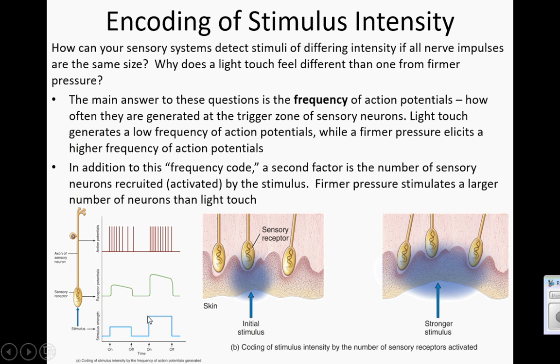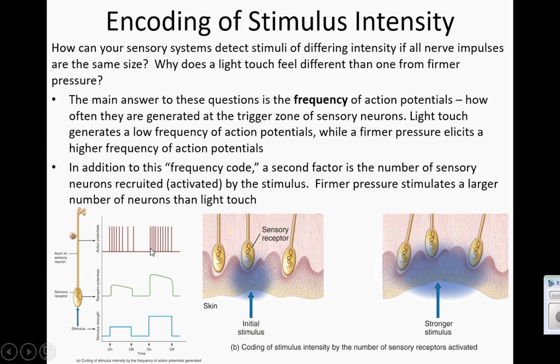Versus our strong stimulus here on the right, which creates a much stronger receptor potential, ultimately causing a lot more action potentials, located in much closer proximity to one another. Remember, action potentials will not be sustained. We can't sustain a depolarization. We have to go through all those steps, because of that refractory period that we talked about.